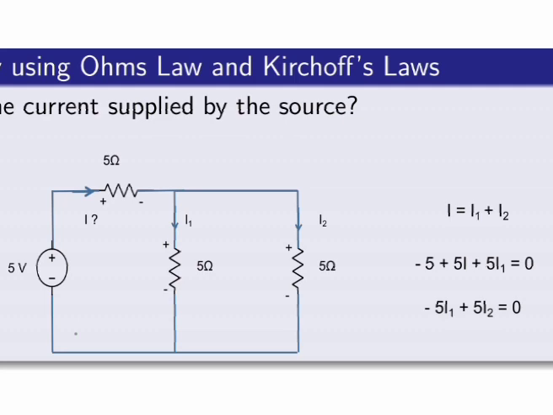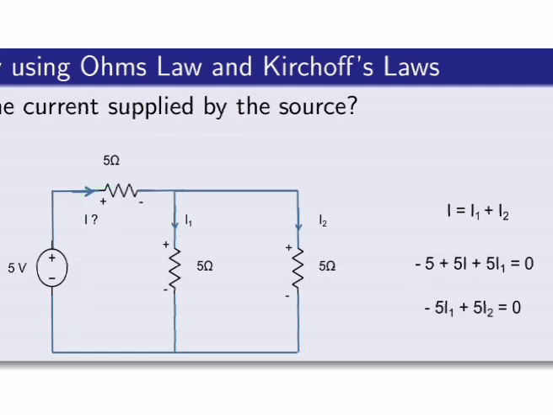I am starting from this side here. When I travel from this point to here, I first find a negative sign. That's why I have written here minus 5. It is the voltage, that is minus 5 volts. Then when I travel towards the first resistance, that is the 5 ohm resistance, I am finding the polarity, first polarity, as positive.